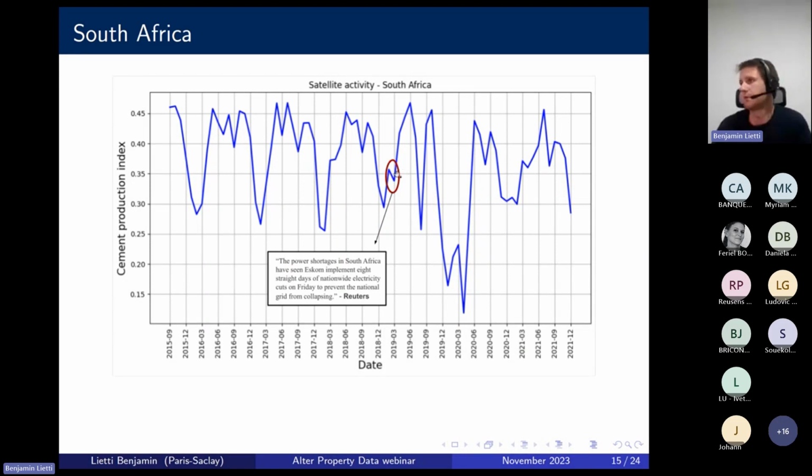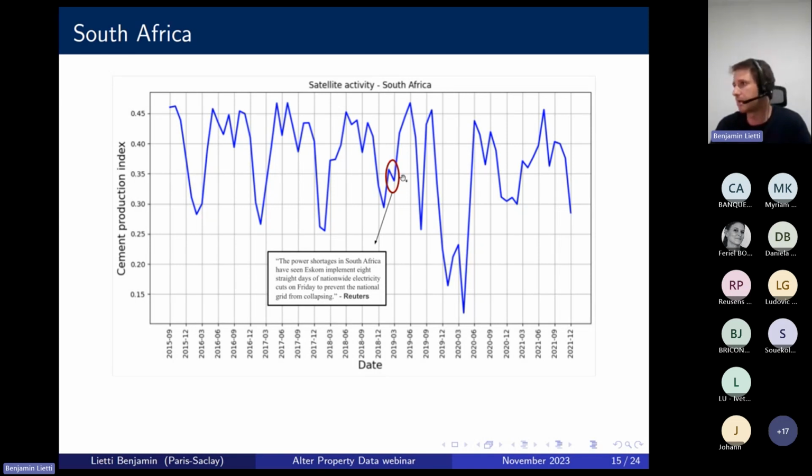The first one is here, and actually it corresponds to the beginning of a crisis that happens in South Africa, an energy crisis, because the power plants in South Africa are quite old and not very reliable. So to prevent some damage on the network, they need to just shut down, to just cut the electricity in some parts of the region.